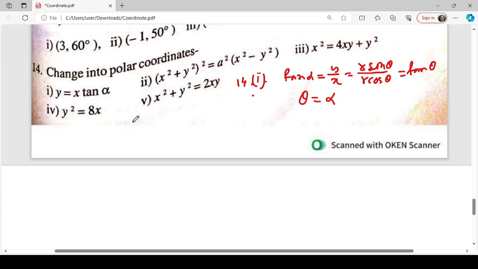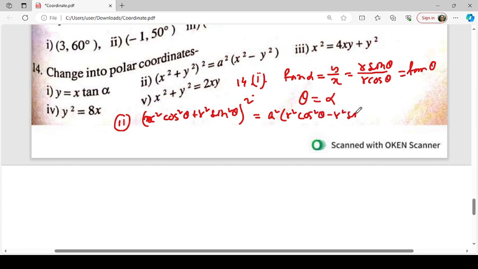Then number 2 is (x² + y²)². So x is equal to r cos θ, so in place of x² we write r² cos² θ plus r² sin² θ, whole square, is equal to a² (r² cos² θ minus r² sin² θ).